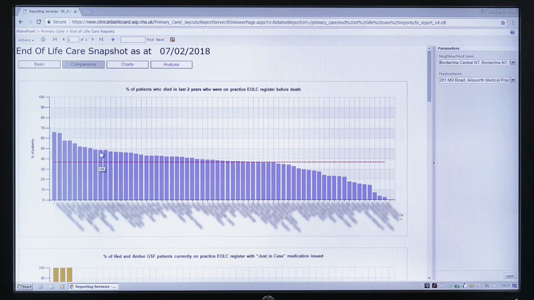This is dependent on 2 things. Firstly, that an end-of-life care template, at least some of its components have been completed. And secondly, that your practice has registered with the CCG for the data processing agreement. But it's helpful to see the distribution there.